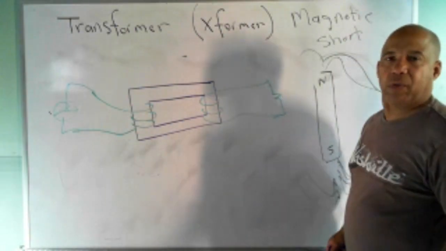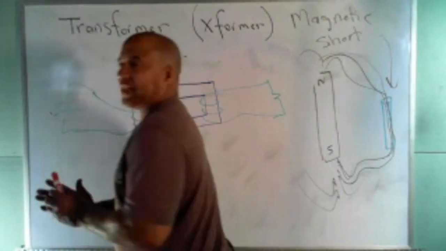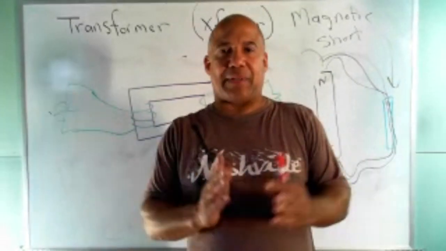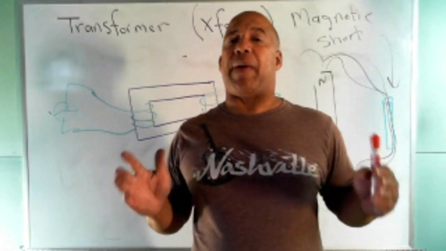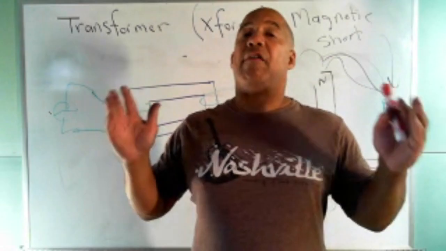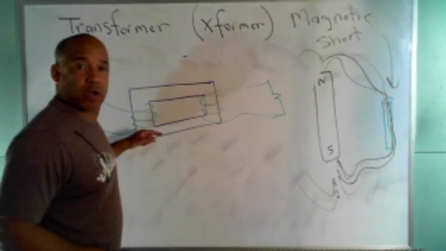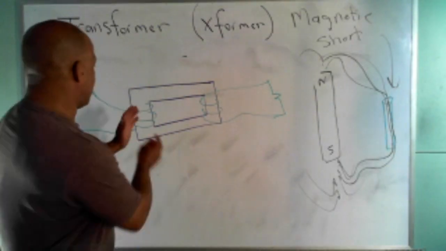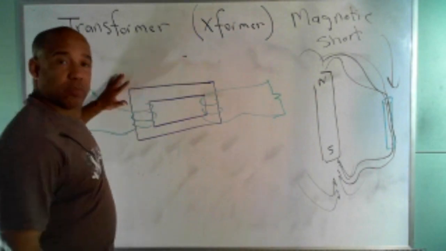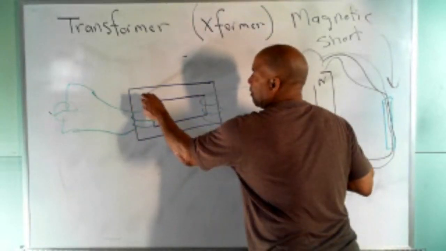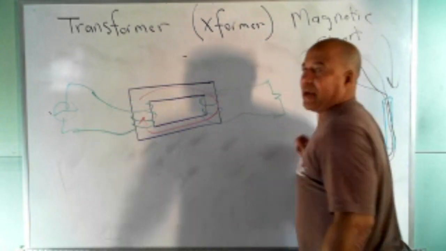What will happen? Well, we still have that same build up and collapsing of flux. But since flux takes the path of least reluctance, it's a magnetic short. So all the flux that would have been radiating out, radiating towards you, moving into the board, now flows through here because that's a magnetic short.